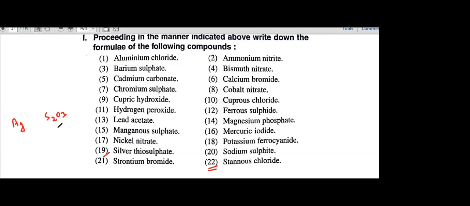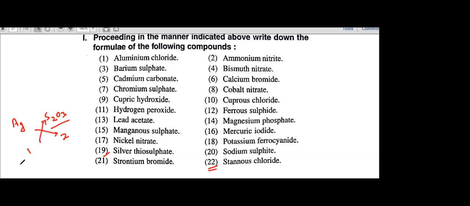This whole radical is thiosulfate. Now, what is the valency, step by step? The valency of Ag here is 1. And the valency of thiosulfate here is 2. Cross multiply.